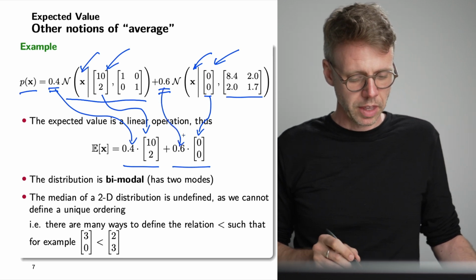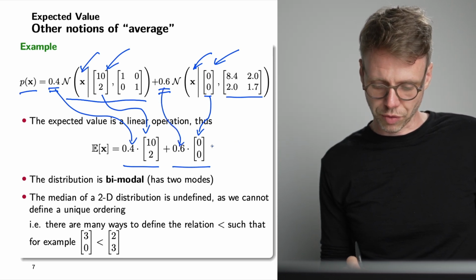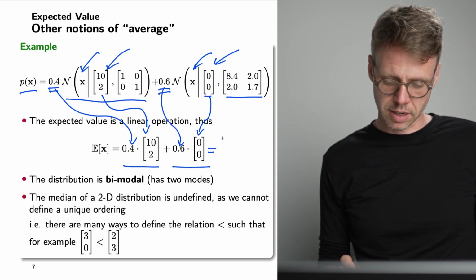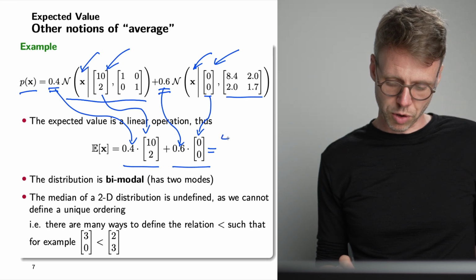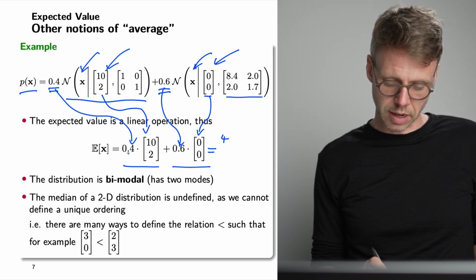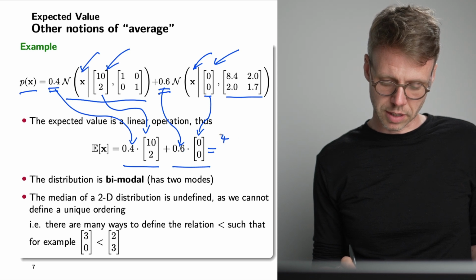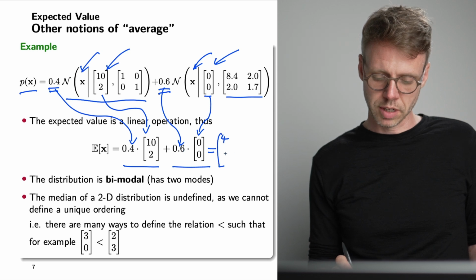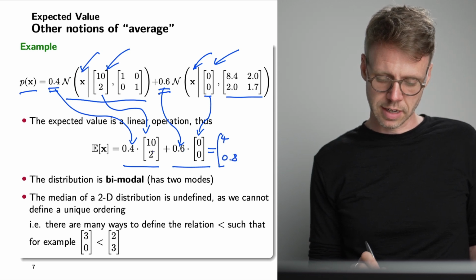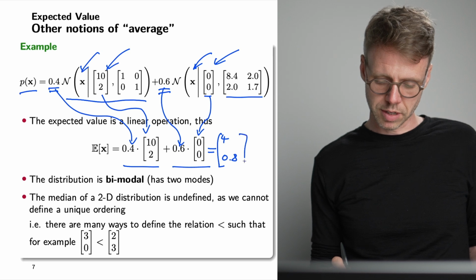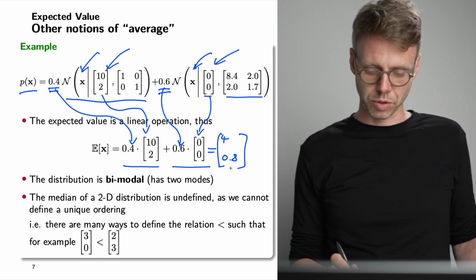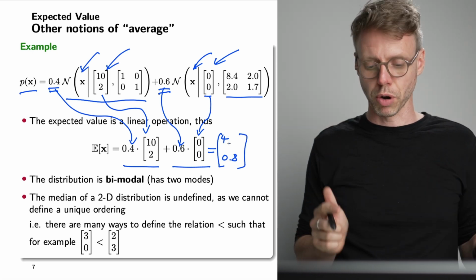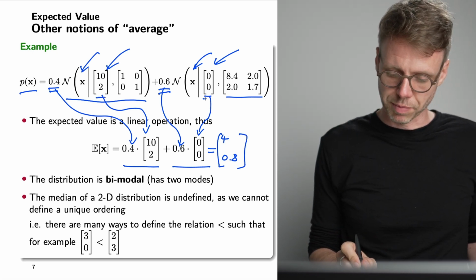So that means that the expected value of this mixture distribution will be 0.4 times 10 is equal to 4, plus 0.6 times 0 is 0. And for the second component, 0.4 times 2 is 0.8, plus 0.6 times 0 is still 0.8. So the expected value of this mixture distribution will be 0.4 or 0.8, which is different from these two expected values.